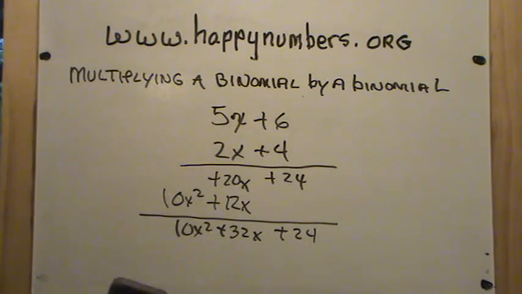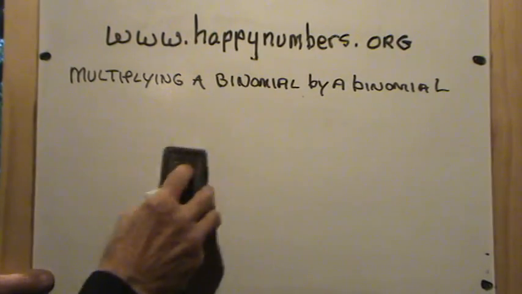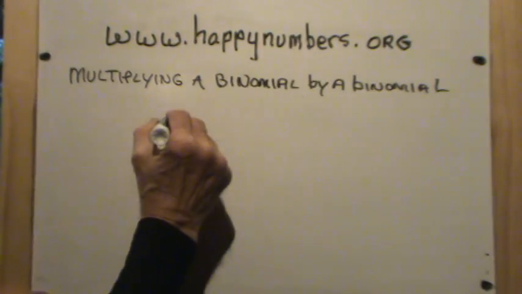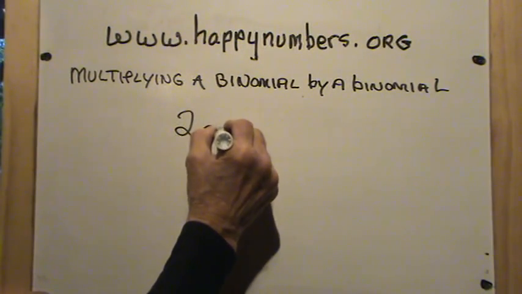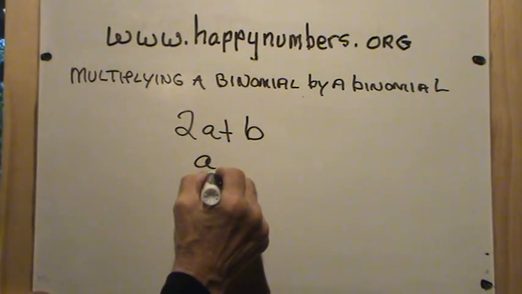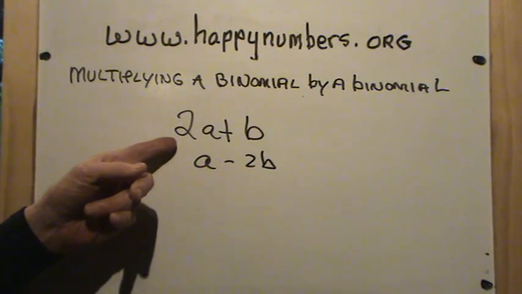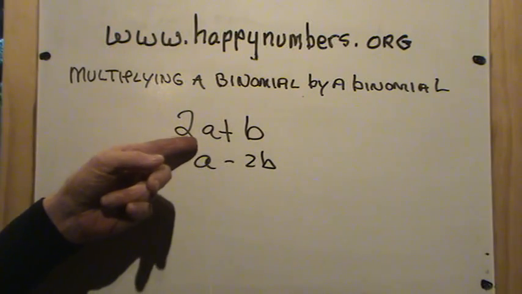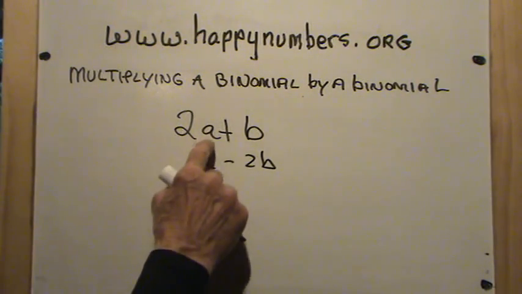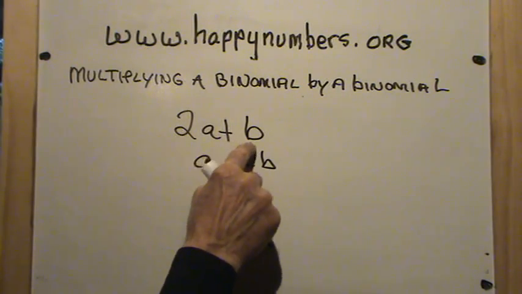Okay, so let's work on a couple of problems here. Put them up. Let's try this one. 2a plus b, and a minus 2b. Okay, so I have a binomial up here. 2a plus, and right away, remember this is 1b, even though the 1 is not there, this is 1b.